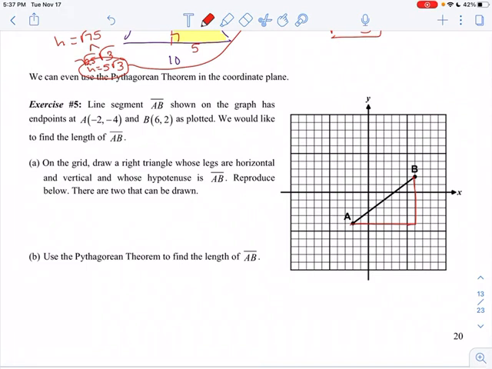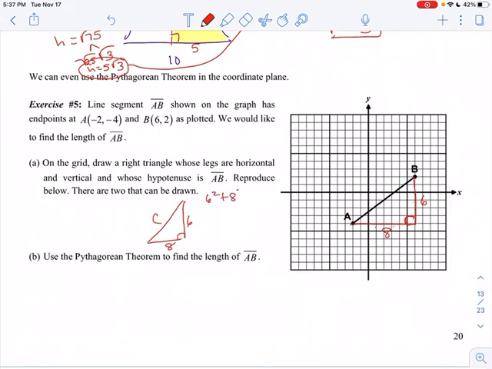But what I do is I make a right triangle. I can count the length of this base right here, 1, 2, 3, 4, 5, 6, 7, 8. And I can count the height, 1, 2, 3, 4, 5, 6. And then I'm just going to use the Pythagorean Theorem. I have this lovely right triangle, and I use the Pythagorean Theorem to find that missing side.